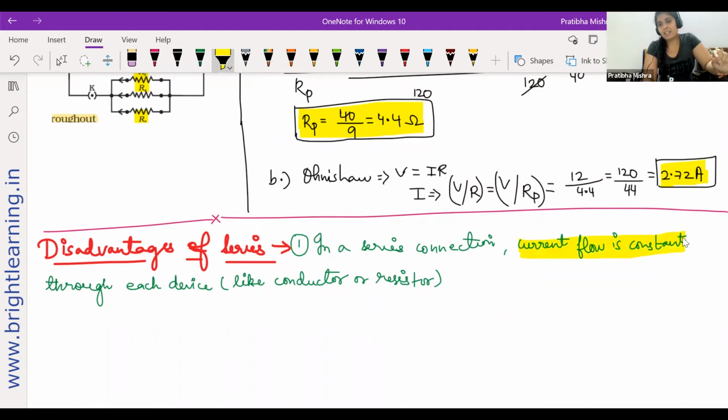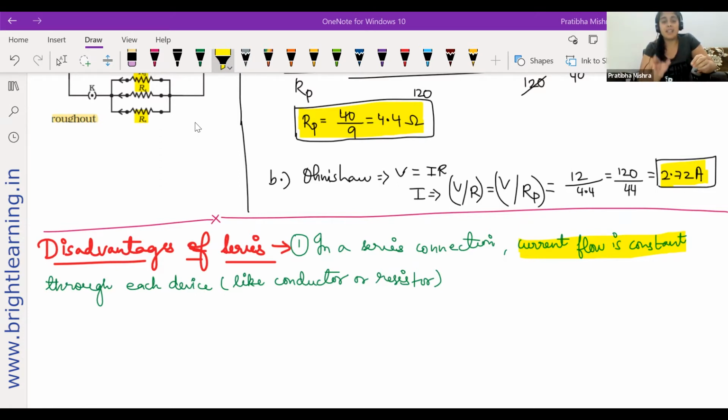But suppose a fan is a device. A fan requires a lot of energy or a lot of power to run. And what if a TV requires less electrical power? So will it be good to connect all the different appliances? Instead of the word device, we can use appliances or electrical gadgets.